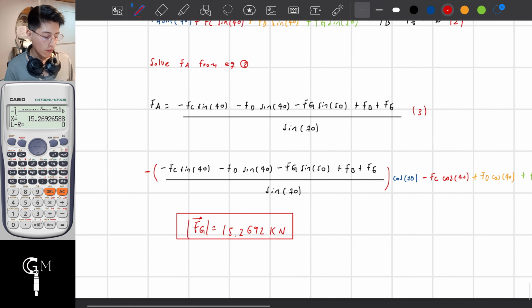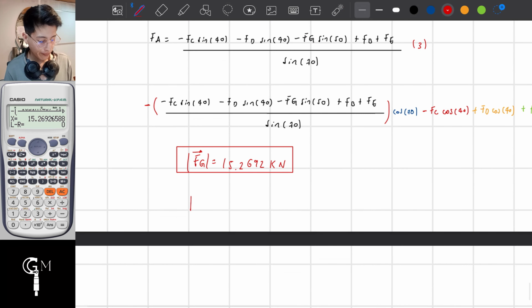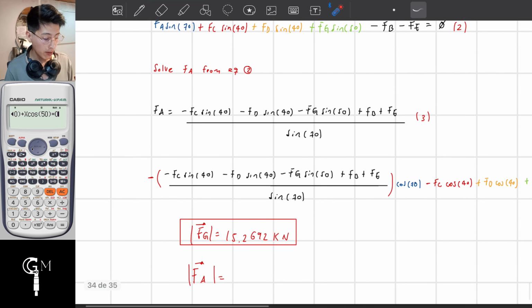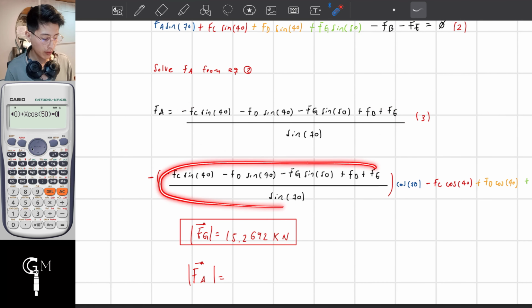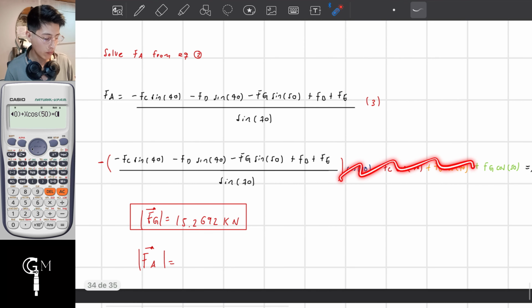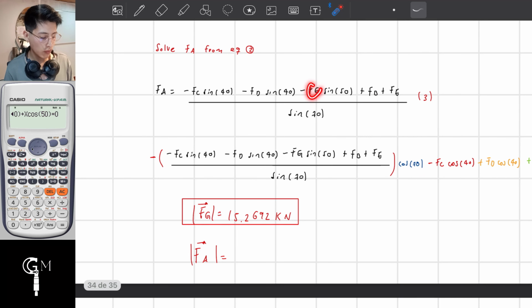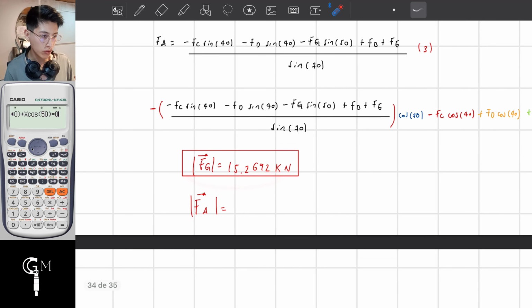Now we have the solution for Fg, which means that we can use this equation for us to solve Fa, since we have this unknown. Hence, Fa is equal to what I have right here, the same thing as I have right here, so I'm going to get rid of this and this, and I'm going to replace Fg with its solution. So Shift solve, yes, I want to solve it for x. This is Fg.